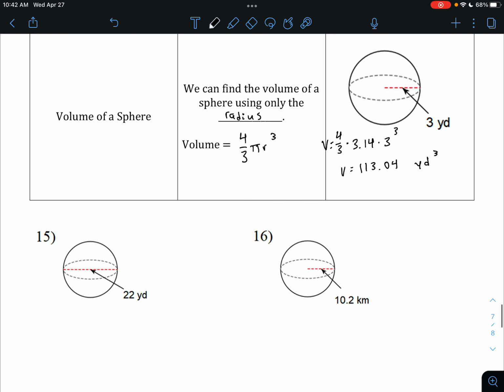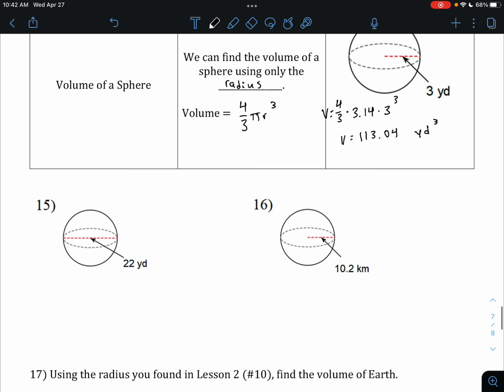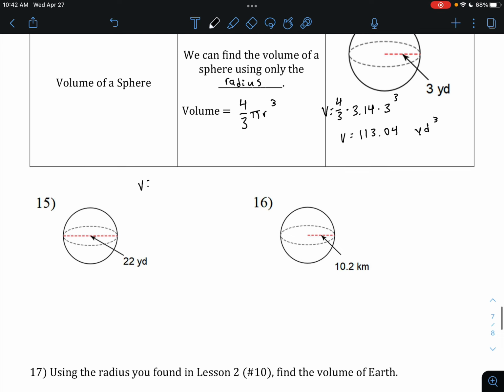Let's do another one. I know that was pretty quick. Let's go through another one. On example 15, volume equals 4/3 pi radius cubed. On this example, it gives us the diameter and not the radius. So we need to find our radius by dividing the diameter in half. So half of 22 is 11. So we have our radius.